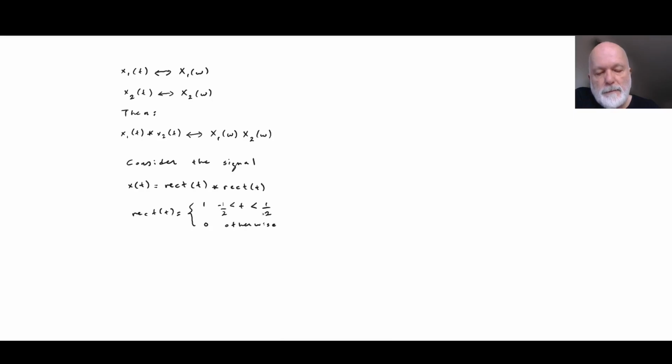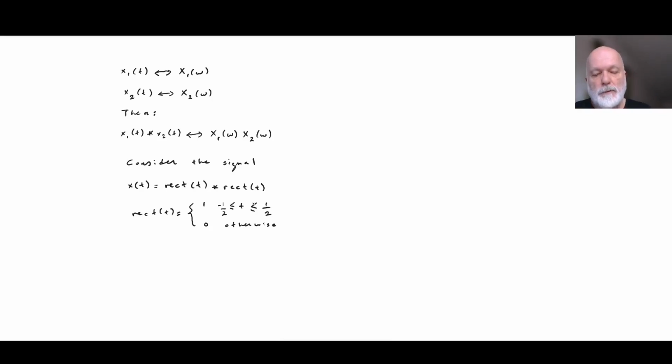Remember, in the calculation of the Fourier transform, whether we have equalities or just strict inequalities makes no difference in the result. So if you wish, we can just put an equality as well. So rect t is the rectangular pulse, defined in this way.